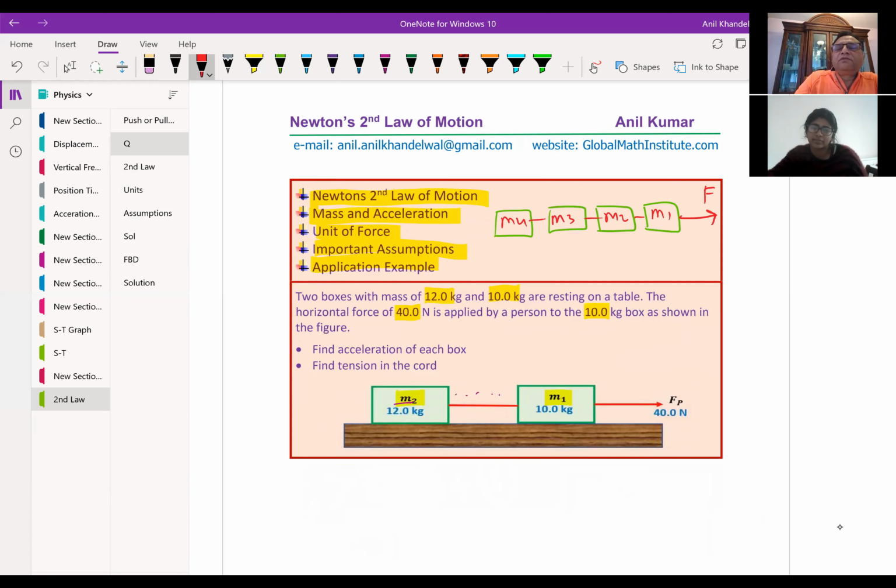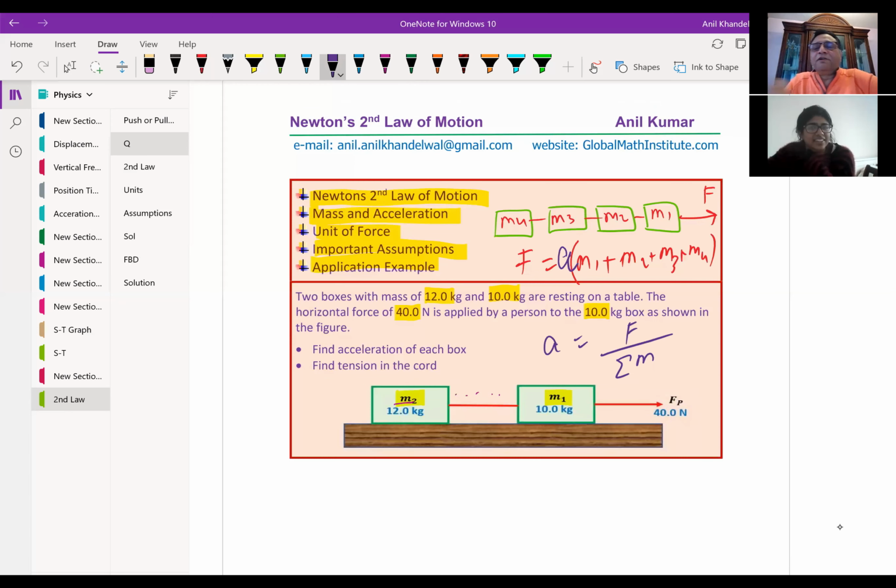Basically, you will say F equals M1 plus M2 plus M3 plus M4 times A. So you directly get A from here. A is equal to F over the sum of all the masses.